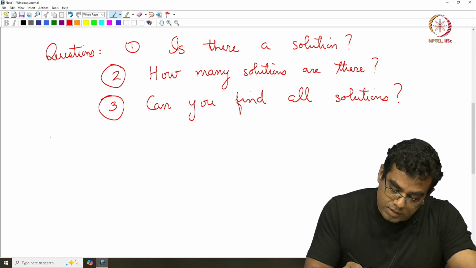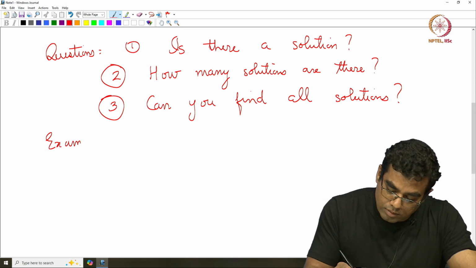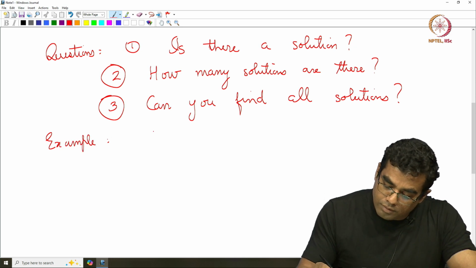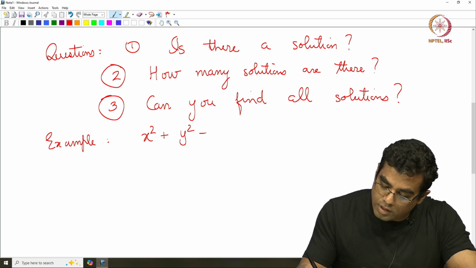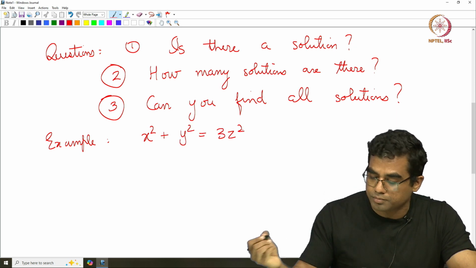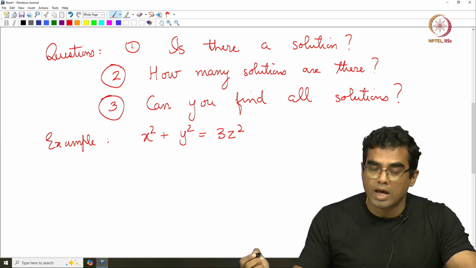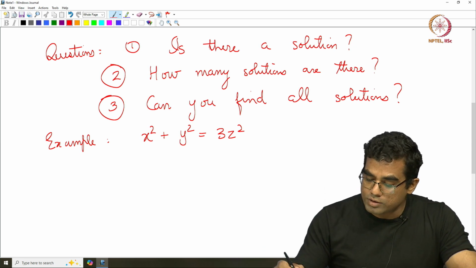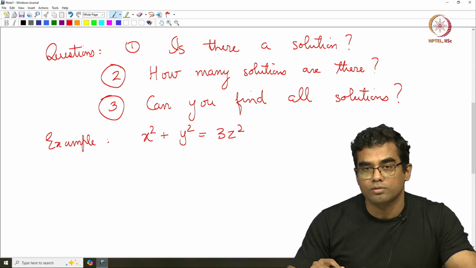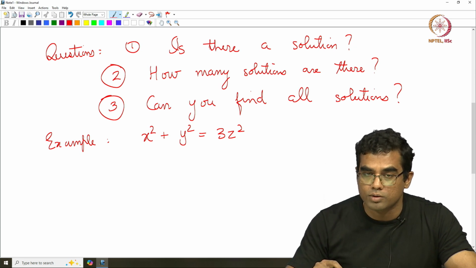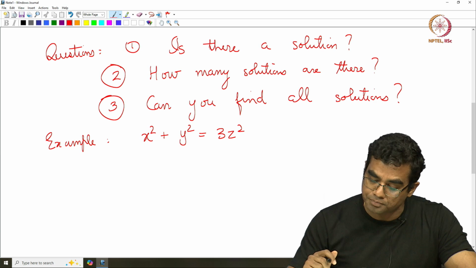So, for instance, if I look at x squared plus y squared equals 3z squared, you can ask if this has any solutions. Of course, an equation like that will always have the solution x equal to 0, y equal to 0 and z equal to 0.